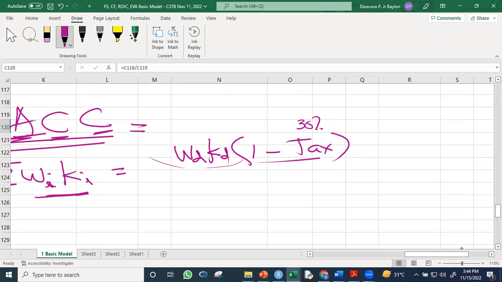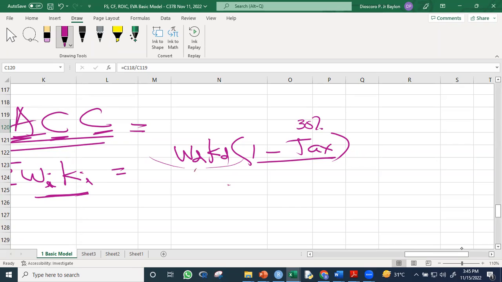Kasi nga, di ba, there is tax savings when you use debt. Okay, so the company is able to save based on the lower earnings before tax because of the interest expense. Therefore, it makes the cost of debt lower. Mas nagiging mura yung cost of debt kasi nga may mga interest na nai-incur pag debt, and then the interest becomes tax deductible. So bababa talaga yung taxable base ng company.